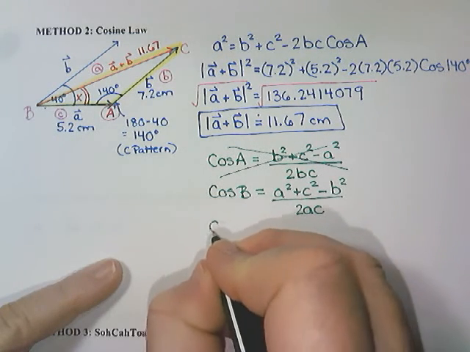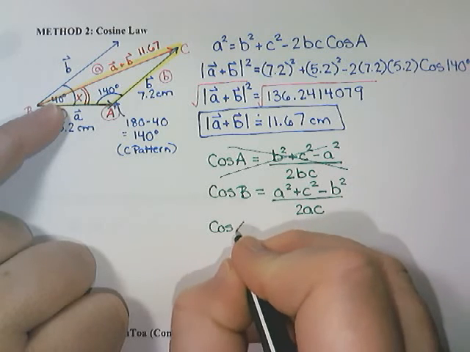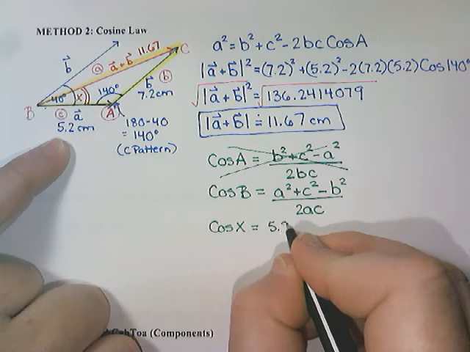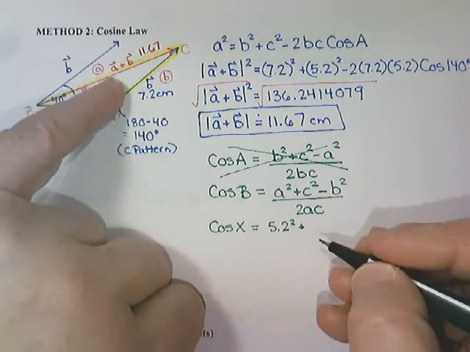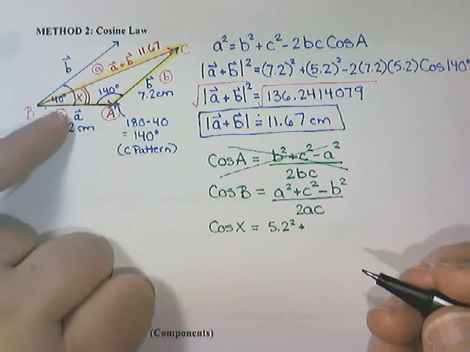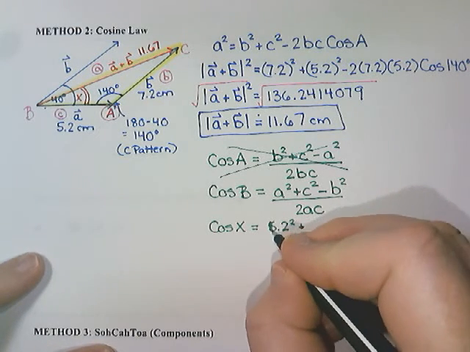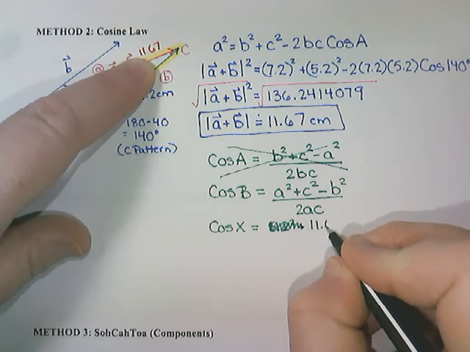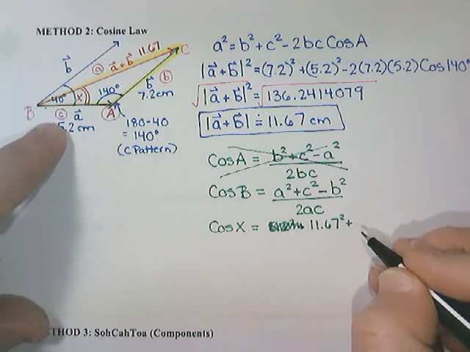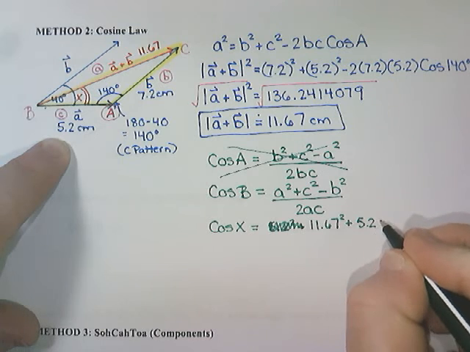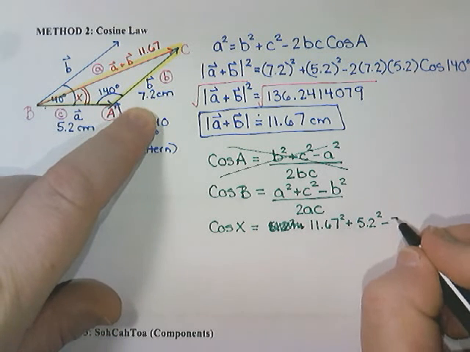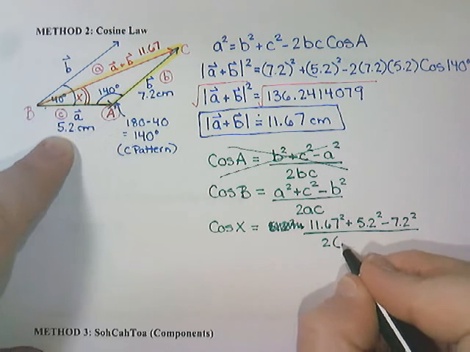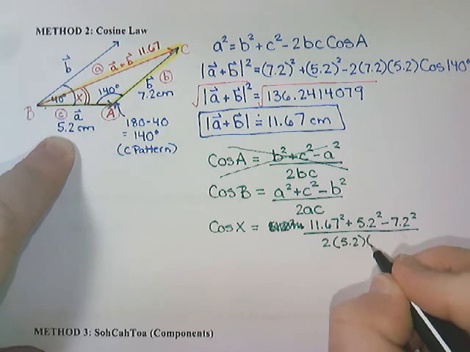Okay, so cosine of b, which I'm going to call x for now, is the magnitude of a. So that would be 5.2 squared plus c, which is, no, that was c. What did I write? All right, hold on. It is a up here, 11.67 squared, plus c, which is 5.2 squared, minus b, which is 7.2 squared, all divided by 2 times a, 5.2, times c.